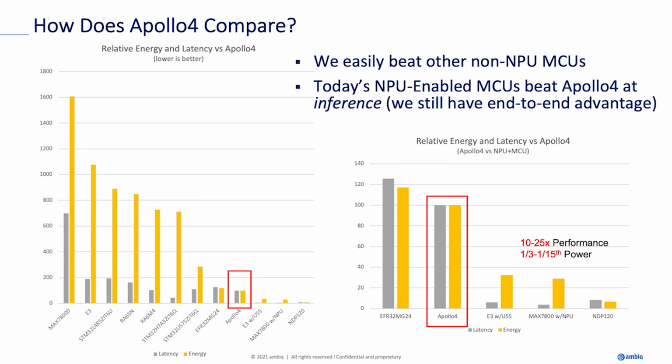Even when other chips have NPUs, neural network processing units, which accelerate the inference, we're still close. We're not too far off. If you look at the NDP 120, that chip does one thing. But the other ones, they're close. And I zoom in over here. The critical thing to understand here is that this benchmark only measures inference.